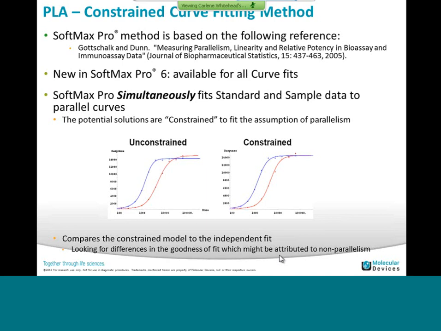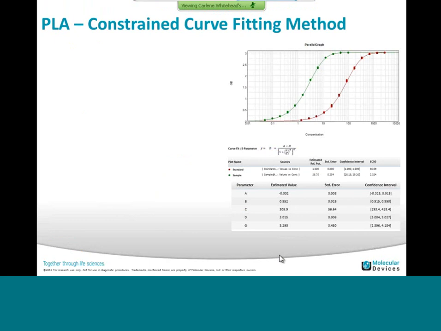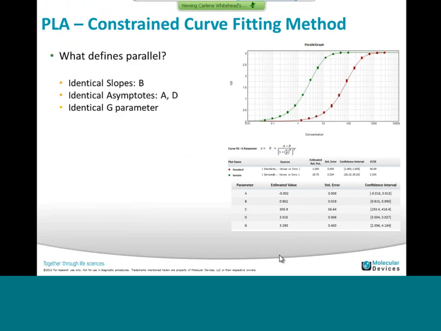If you have too many differences between the free and the constrained model, then the curves are not going to be considered parallel. However, if you have few differences between the two models, then the curves will be considered parallel. So what will define parallel?